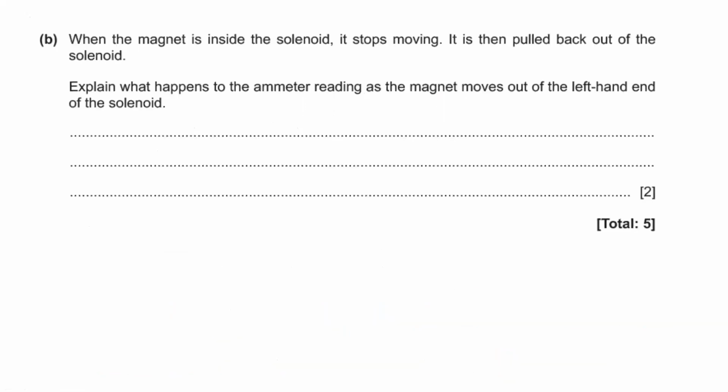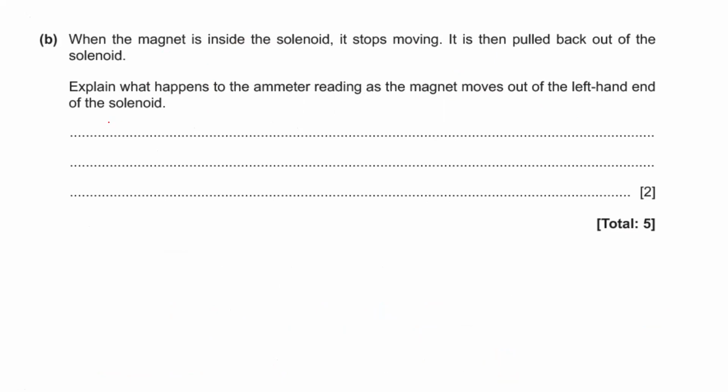Then part B says that when the magnet is inside, it stops moving, then it is pulled back out of the solenoid. Explain what happens to the ammeter reading as the magnet moves out of the left end of the solenoid.